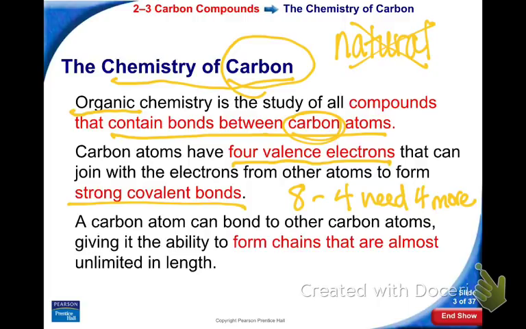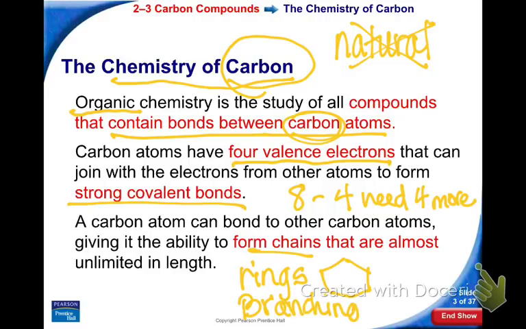So carbon can bond with other carbon atoms and form chains. They can form rings, and they can form branching structures. Carbon atoms can connect to each other like this in a ring structure, or they can make branching patterns, like a carbon connected to a carbon, connected to a carbon, connected to a carbon, and it branches.